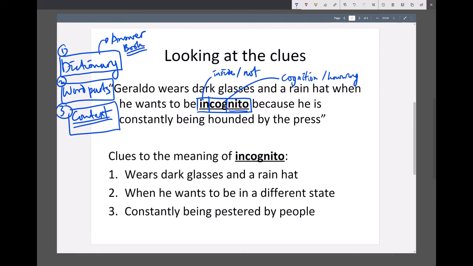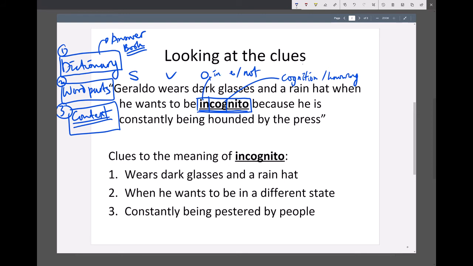So let's read the sentence and see if we can guess what the meaning of incognito is. Geraldo, that's a person, wears dark glasses and a rain hat when he wants to be incognito because he is constantly being hounded by the press. Okay, so we have the subject, that's Geraldo, and he wears dark glasses and a rain hat.